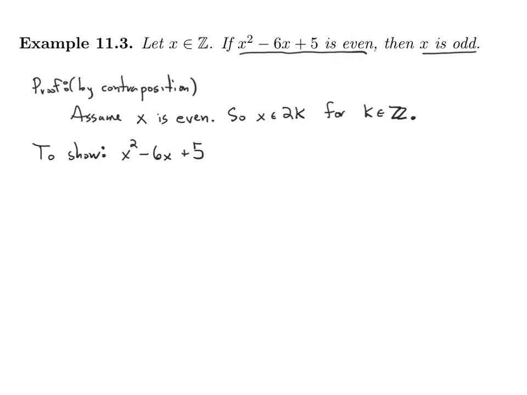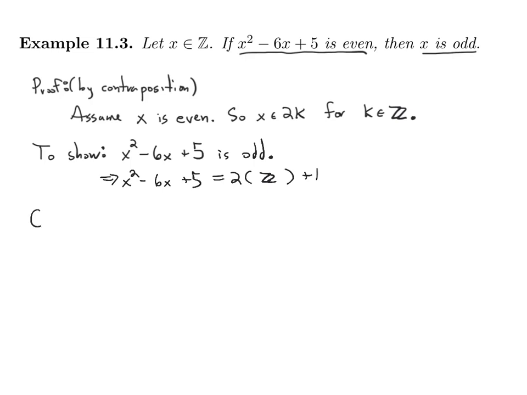So we want to show that this is indeed odd. So what does that mean? That means that x squared minus 6x plus 5 can be written as 2 times some integer plus 1.